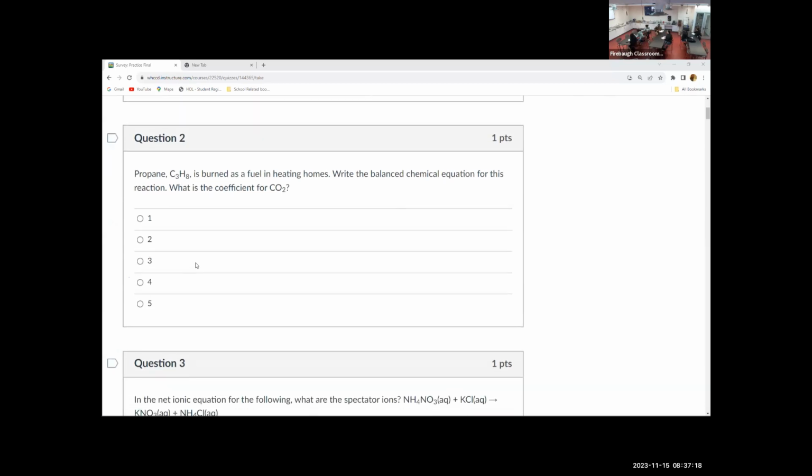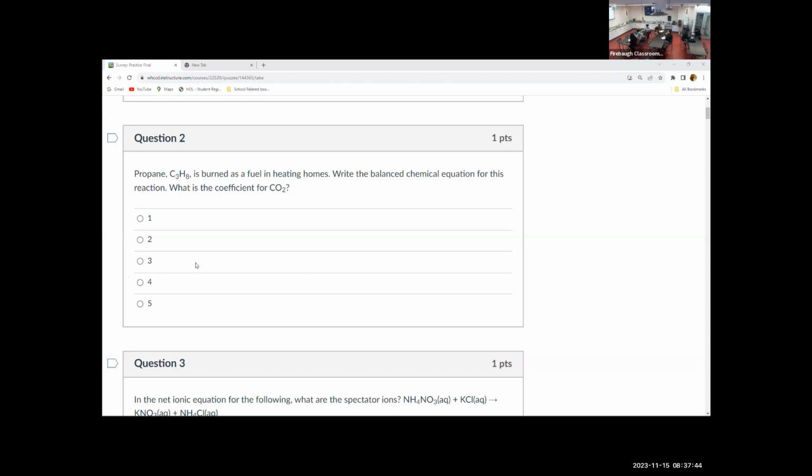Number 2, propane, C3H8, is burned as a fuel in heating homes. Write a balanced chemical equation for this reaction. What is the coefficient for CO2? First thing I want to do is to do what?